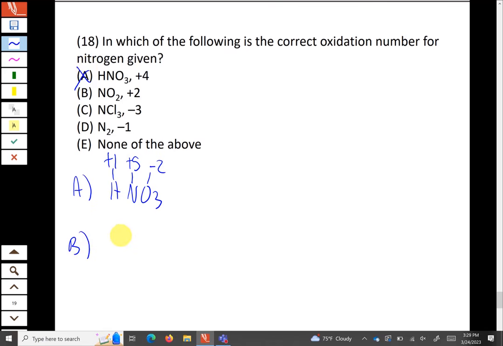In letter B, we have NO2, nitrogen dioxide. And again, in covalent compounds, I guess I should give you the exceptions for oxygen because people wonder about those sometimes. So the oxygen exceptions are obviously O2 because it's an element. The oxidation number is 0.